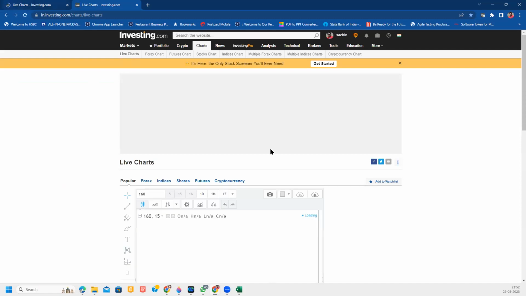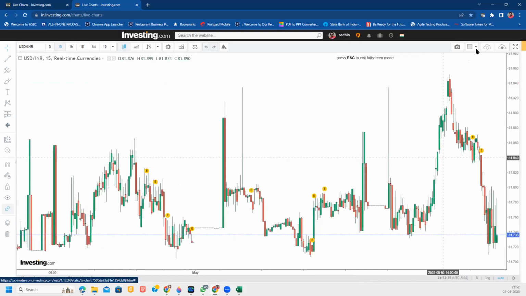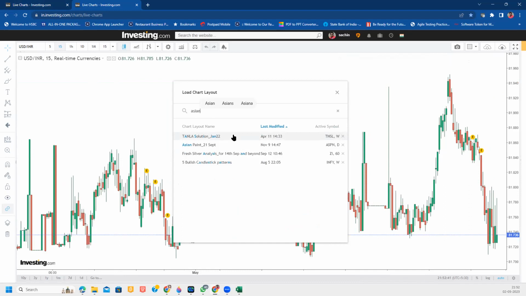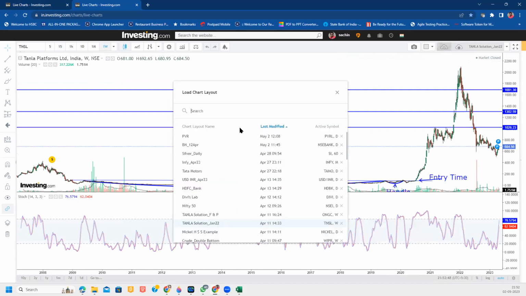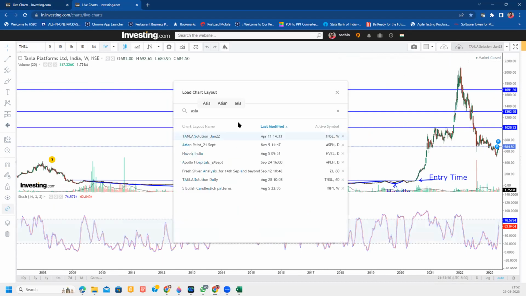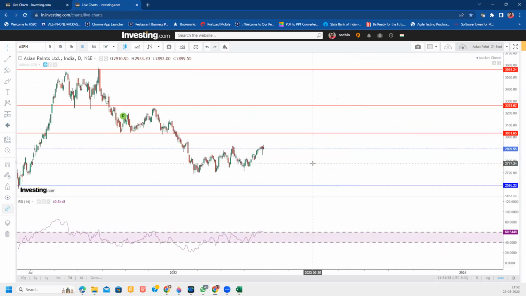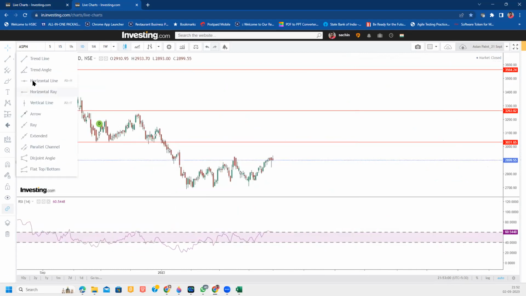It looks like a combination of network issues plus sometimes investing.com also. We were at Asian Paints. Okay, so you save your chart with a date.